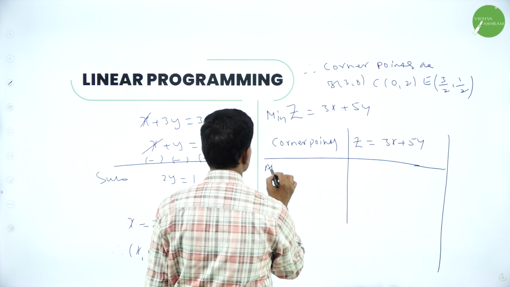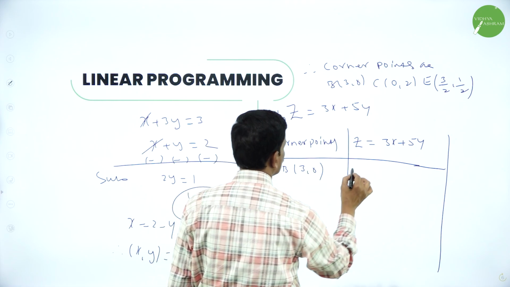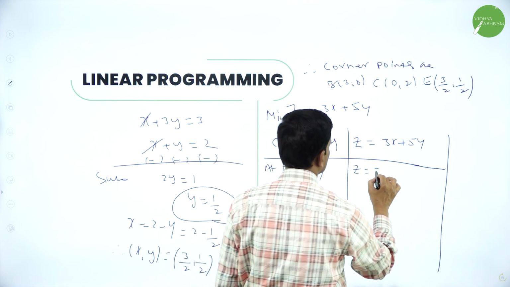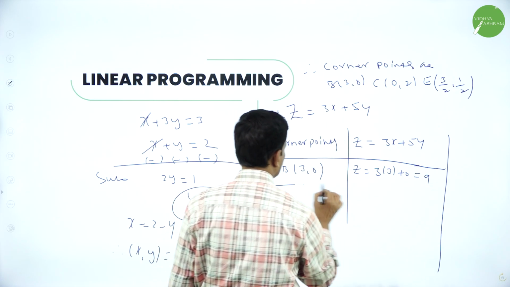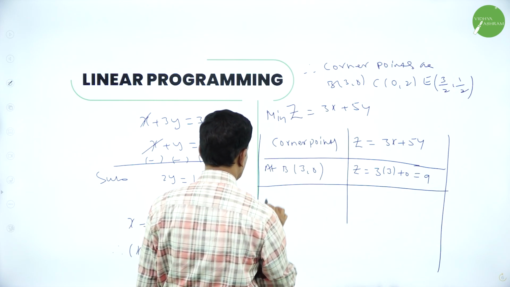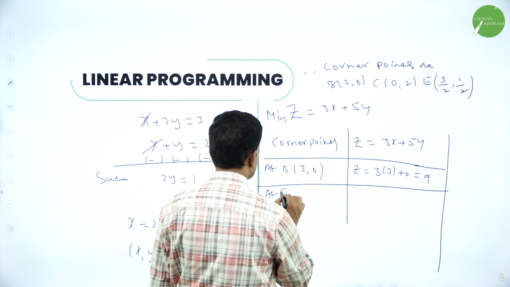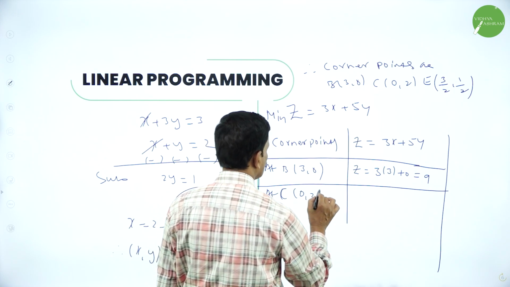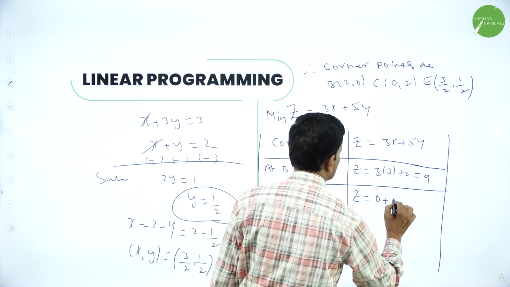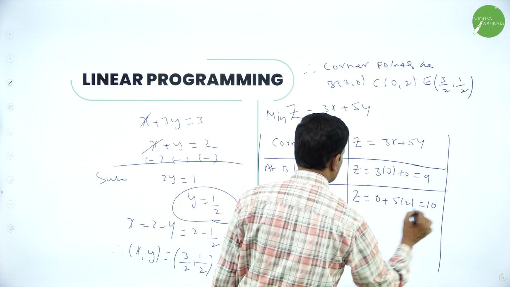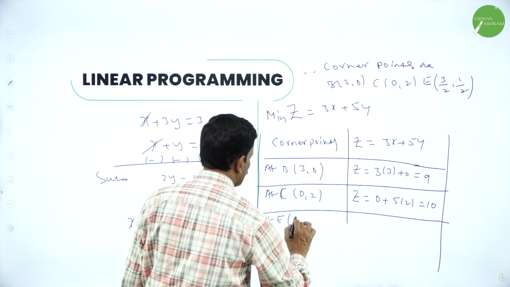At first point B 3 comma 0, Z is equal to 3 into 3 plus 0, that is equal to 9. Next, at C 0 comma 2, Z is equal to 3 into 0 is 0 plus 5 into 2, that is equal to 10.